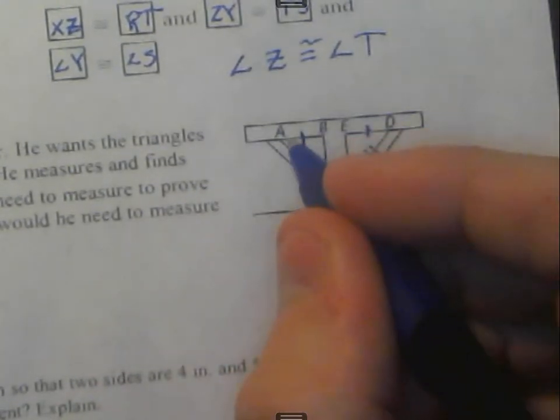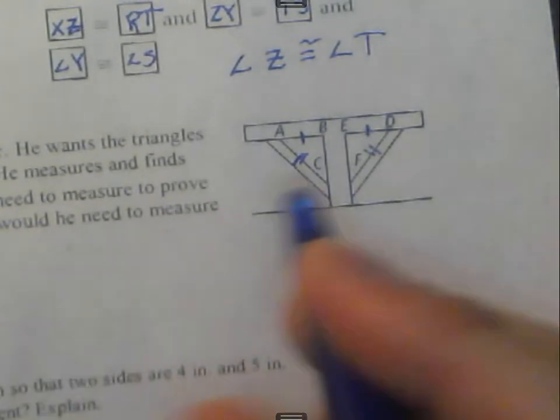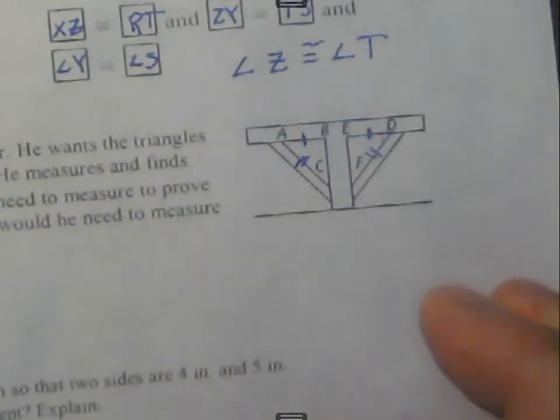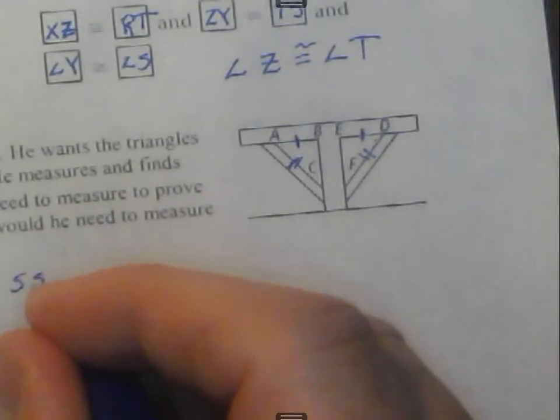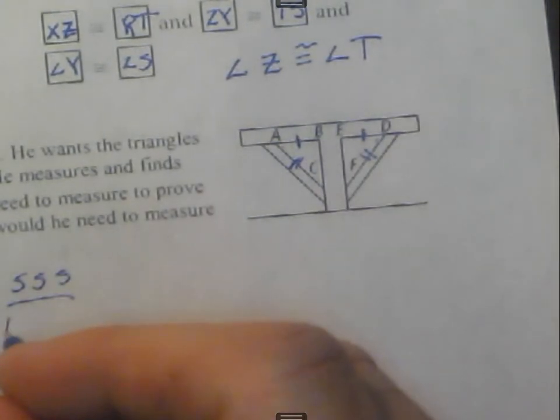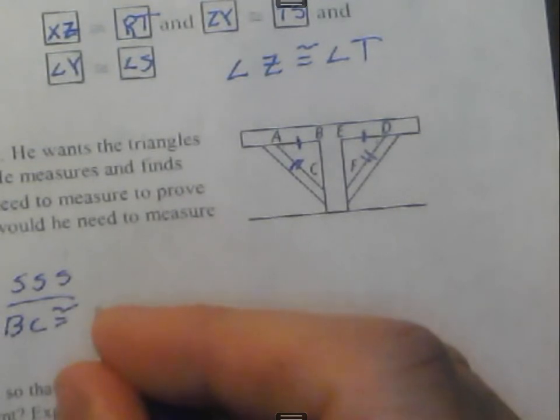So in other words, I'd have to know that angle A is congruent to angle D. To do side, side, side, I'd have to know the remaining side. I'd have to know that BC is congruent to EF.